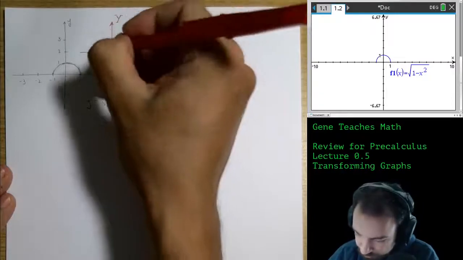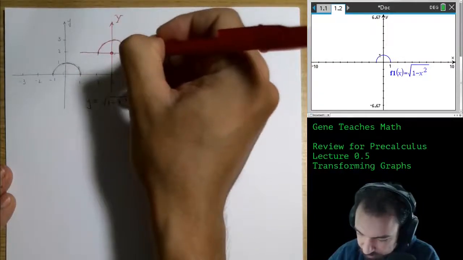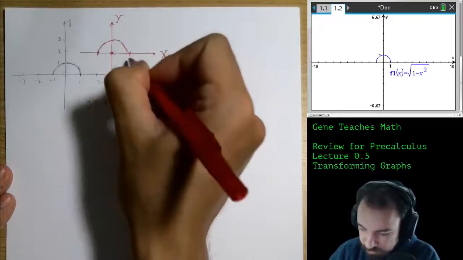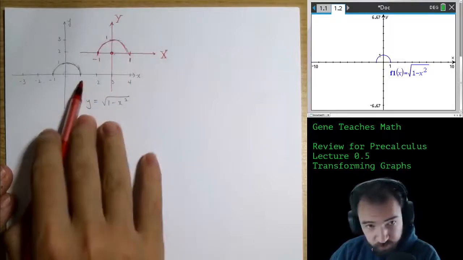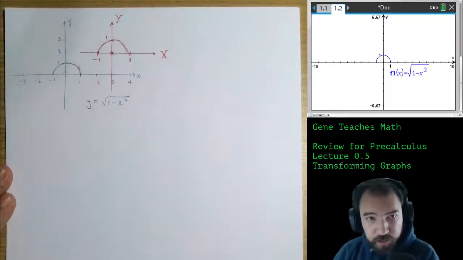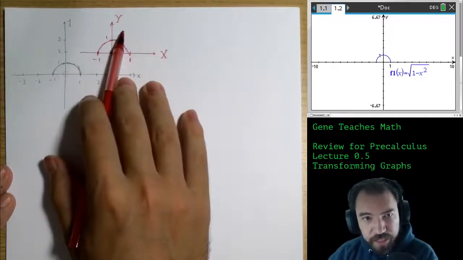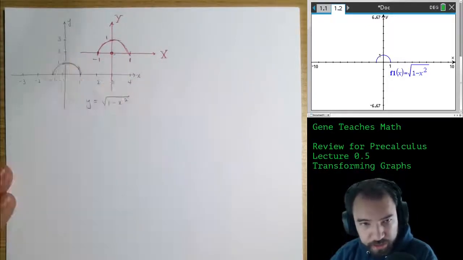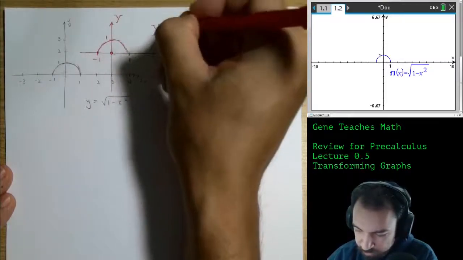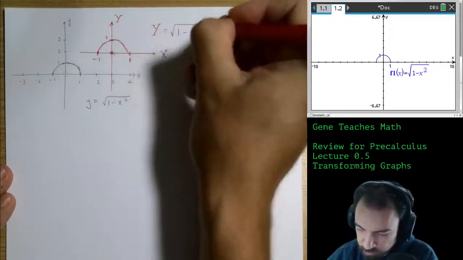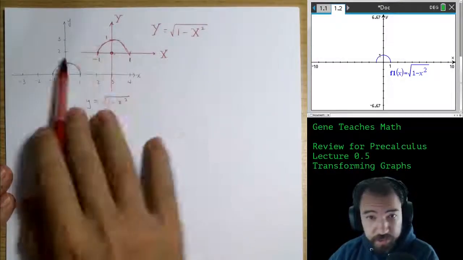In this coordinate system, I have 1 and -1, just like I have 1 and -1 here, and I have 1 up here. So the relationship between capital X and capital Y should be exactly the same as the relationship between lowercase x and y. I should be able to write this graph as capital Y equals the square root of 1 minus capital X squared. After all, it's the exact same shape.